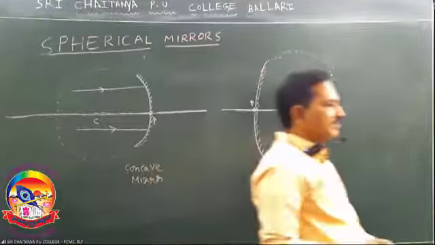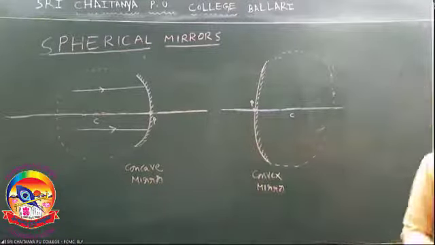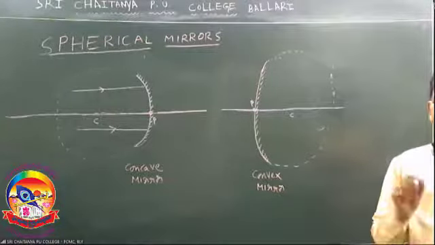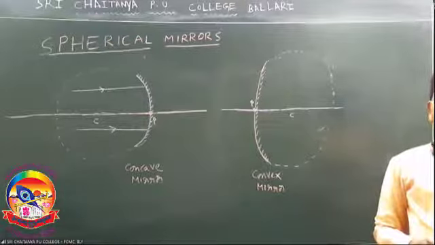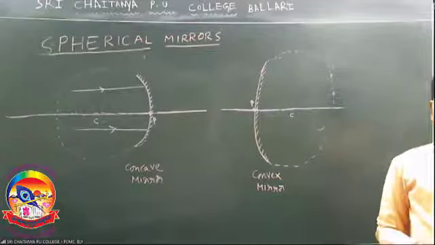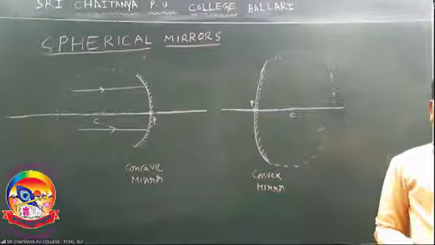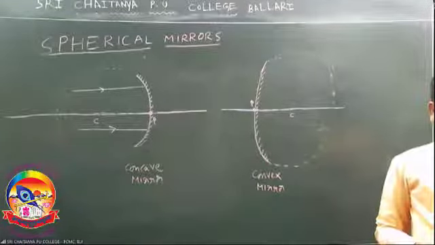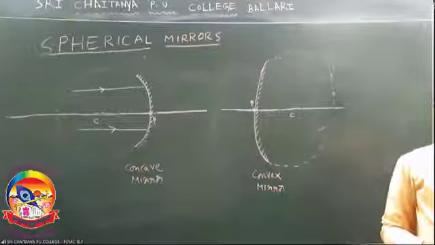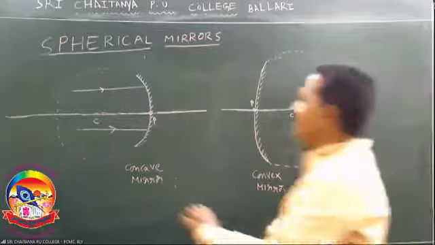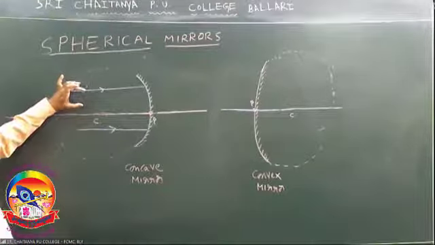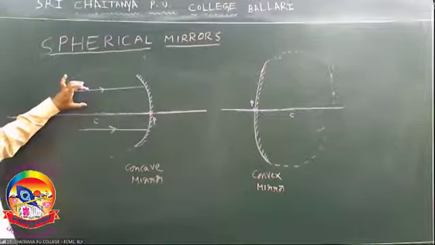Once I repeat, marginal rays and paraxial rays. The marginal light rays are those light rays which are falling on the mirror away from the principal axis, making larger angles. The paraxial rays are those light rays which are falling onto the mirror very near to the principal axis, making small angles.